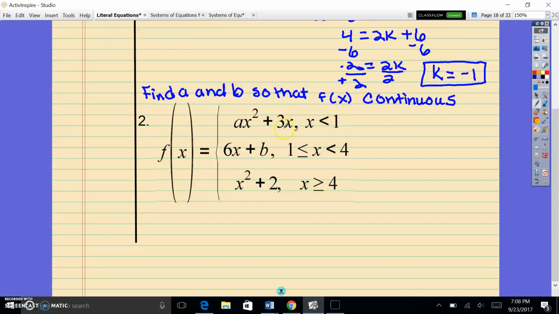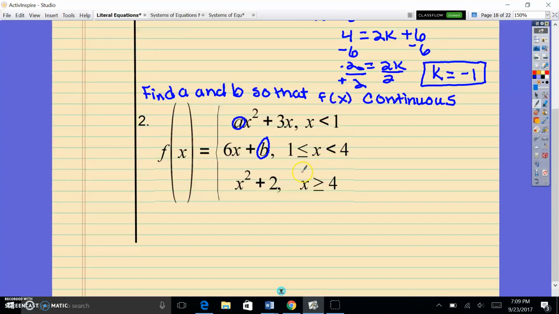Okay, so in this example, we are going to find two values, a and b. Now, it has 3 pieces. The function has 3 pieces instead of 2. So that means there's 2 places where the functions need to connect. This parabola needs to connect with this line when x is 1, and then this line needs to connect with this parabola when x is 4.